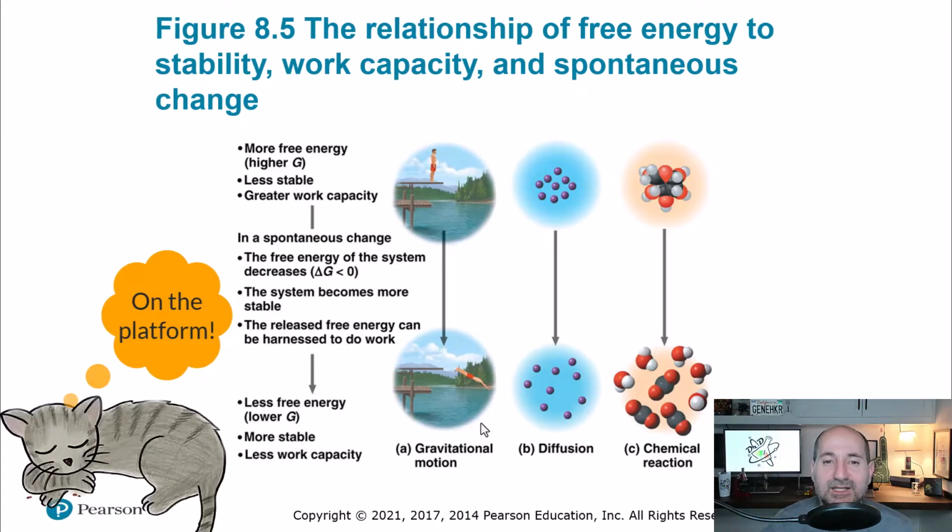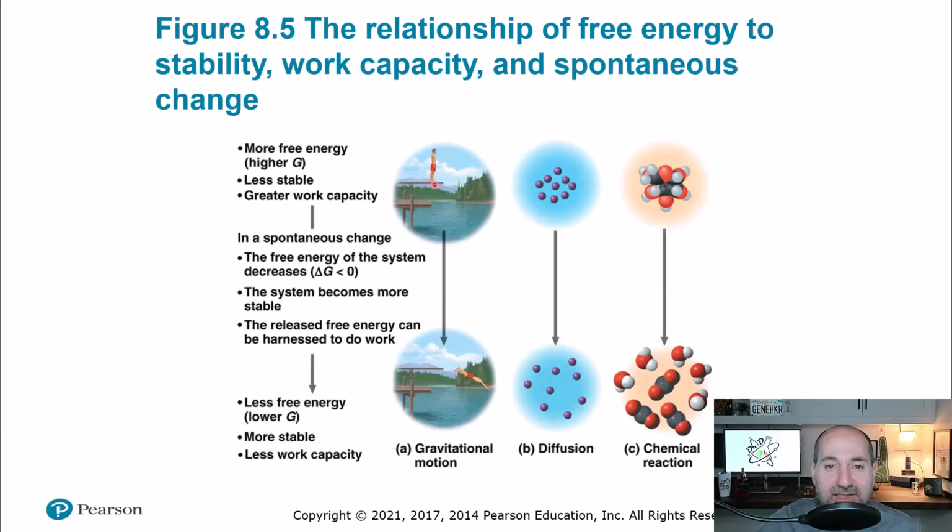That's right, the gentleman on the platform, because he has high potential energy because of his location, he has a higher free energy. So this would be a high free energy state. And in the water, you would have a low free energy state.